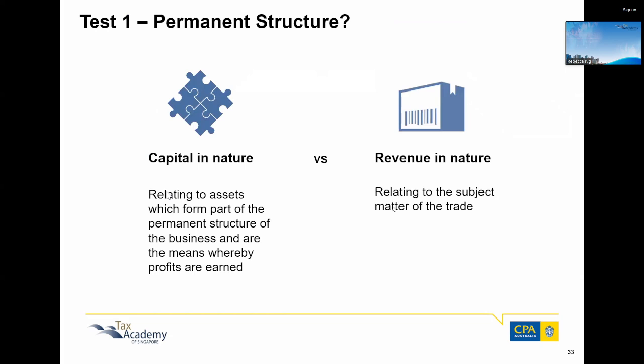For the permanent structure test, we will look at whether the assets form part of the permanent structure of the business, whereby it means where the profits are earned. If the receipt is of a revenue nature, we look at whether it is subject to the method of trade, for example trading stocks, as compared to capital in nature, maybe fixed assets used in the business to earn profits, all right?